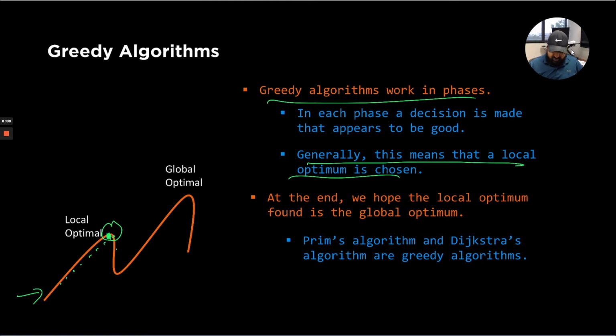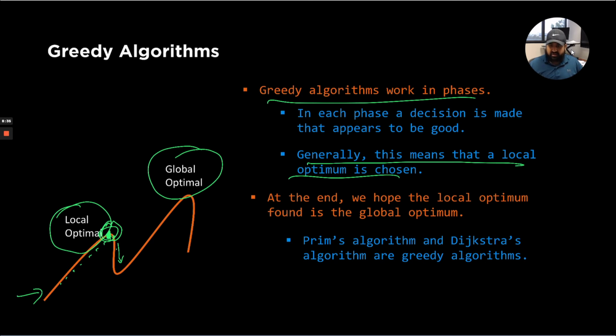But when you are at this peak, you might think, oh, now we are actually going down, so we have found the optimal, but that might not be the global optimal because you have not completely covered the solution space. So essentially, greedy algorithms guarantee a local optimal but not a global optimal, which means they might not give you the best of best solutions.